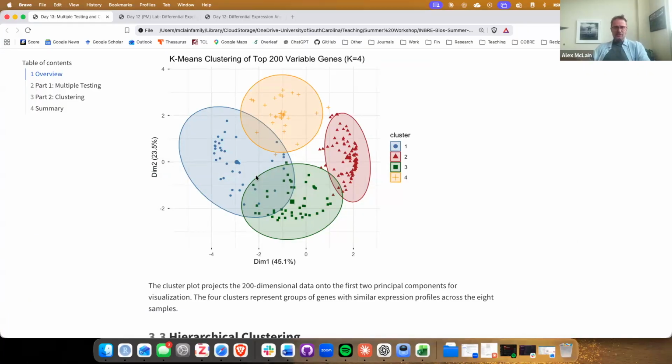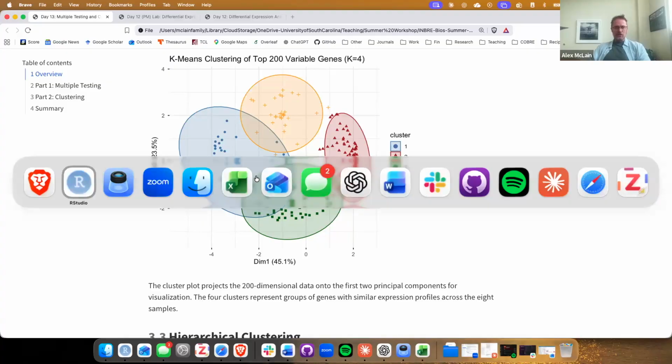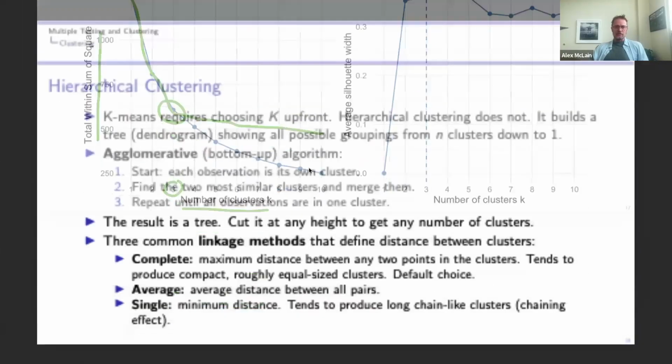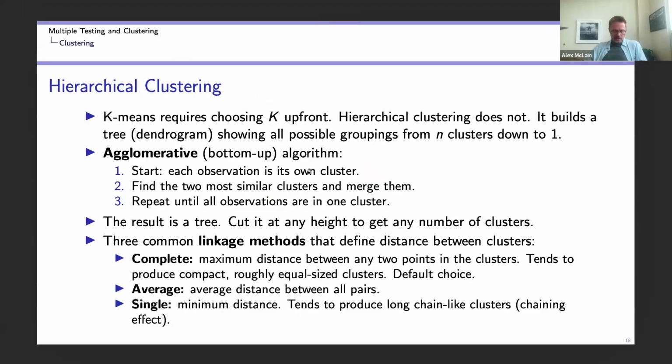Great. Okay, let's talk about hierarchical clustering. This is sort of the second most common method, along with k-means. With k-means, we have to choose k up front, and it has some randomness to it. Hierarchical clustering does not have this.